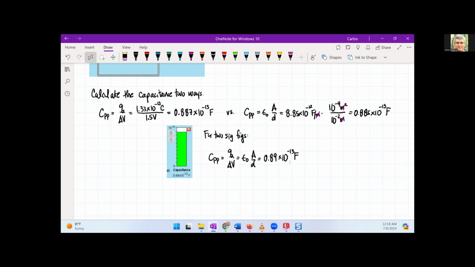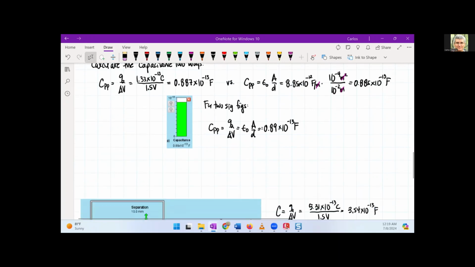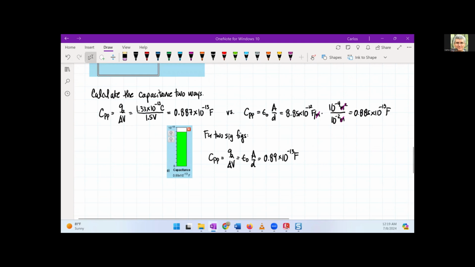So now what I want to do is talk about variations. That's our reference. The first thing we want to do is calculate some of these values if we change something.